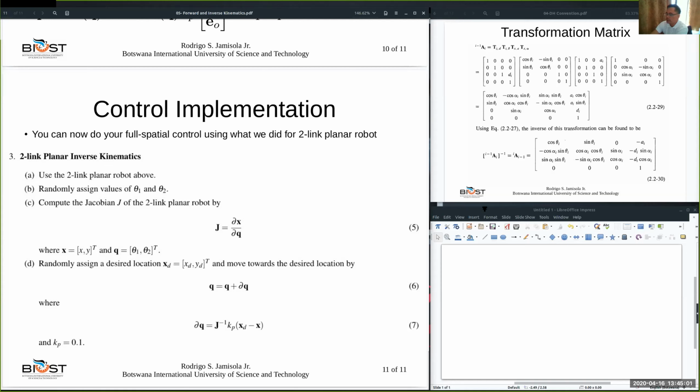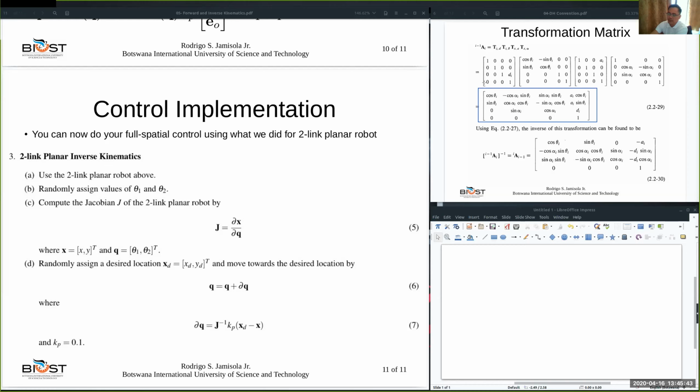Of course, we need to identify your transformation matrix, and so you need to identify your Denavit-Hartenberg convention DH parameters. You need the transformation matrix from 0 to N, for example 0 to A6.